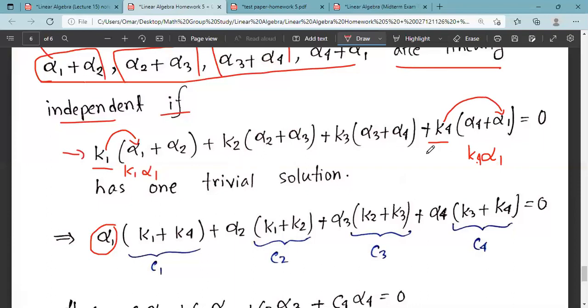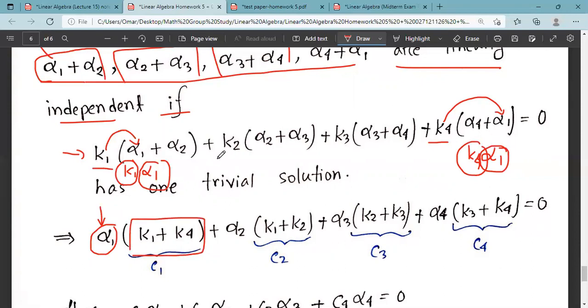Then you can take this alpha 1 and this alpha 1 as a common factor out of them. That's why I have taken alpha as common. So we get k1 here and k4 here, so I have written here k1 plus k4.